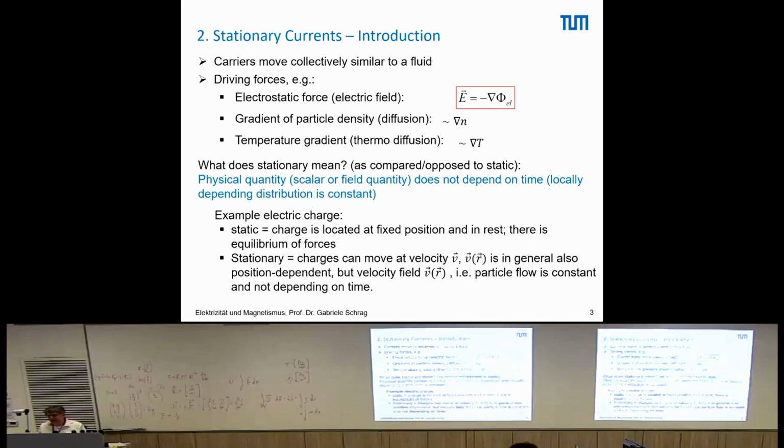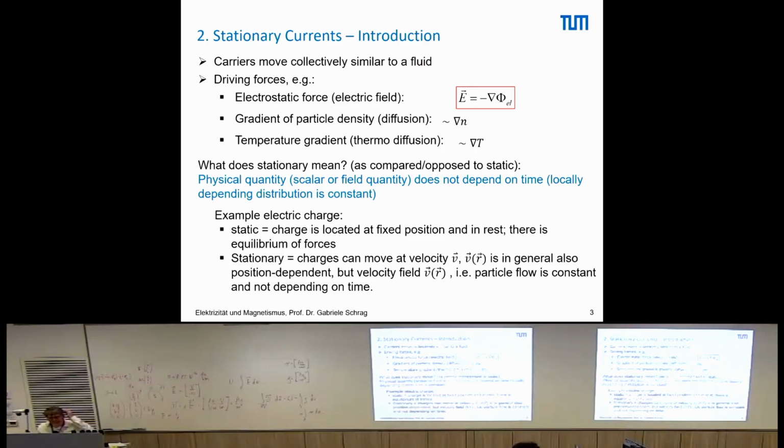Now, on the other hand, if you are in the stationary scenario, then your charges can move. They can move with a certain velocity. That velocity can also be, in general, position dependent. However, this particle flow is constant and not depending on time.